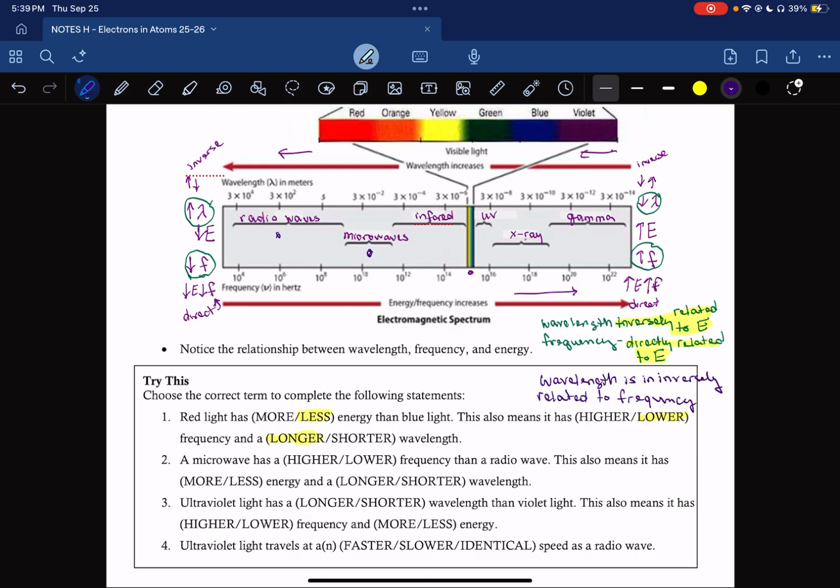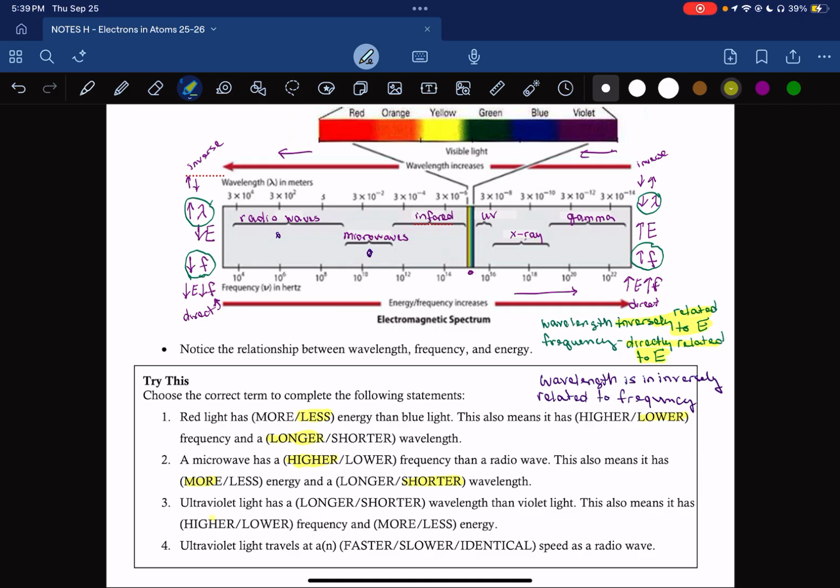And we know that as we're moving to the right, our frequency and our energy are increasing. So it's going to have a higher frequency than a radio wave. This also means it's going to have more energy because frequency and energy are directly related, but it's going to have a shorter wavelength because wavelength is inversely related to both frequency and energy.